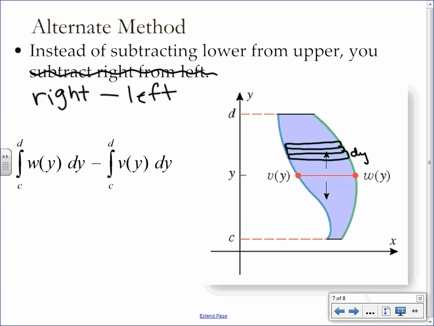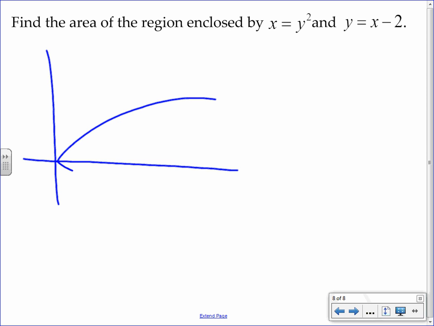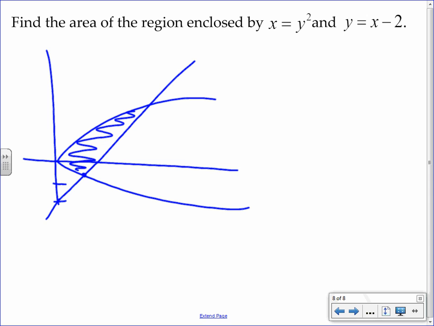So, we are going to do the same example, but with horizontal rectangles. What should our answer be? 4.5. Better have it, right? Okay, let me redraw my picture. So remind me of our points of intersection.